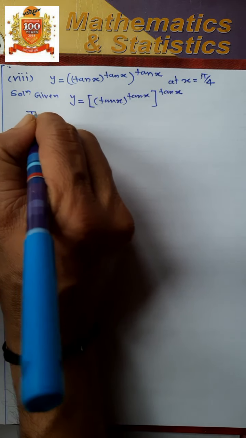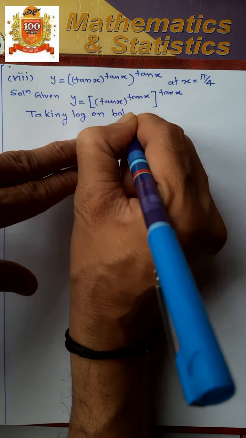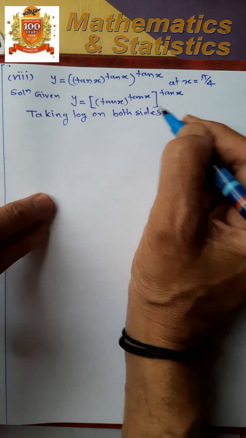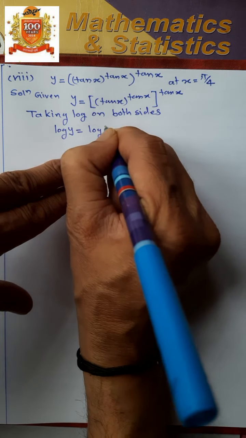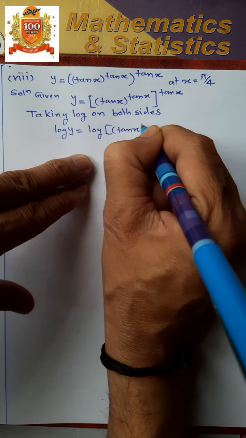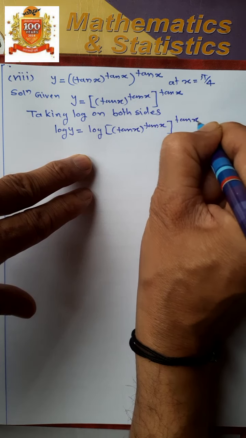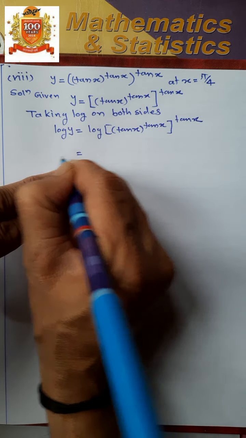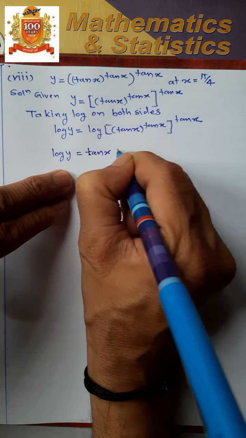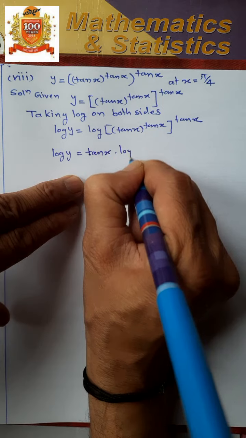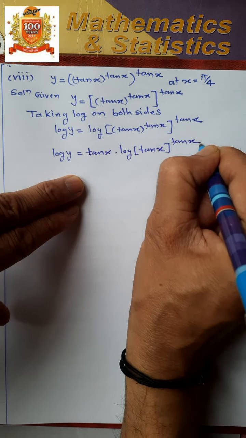Taking log on both sides, we get log of y is equal to log of in bracket tan x raised to power tan x complete raised to power tan x, which is equal to tan of x by using the property of logarithm into log of tan x raised to power tan x.